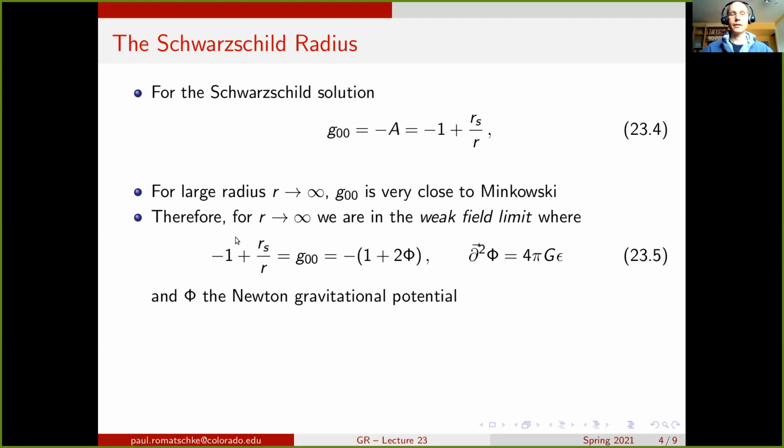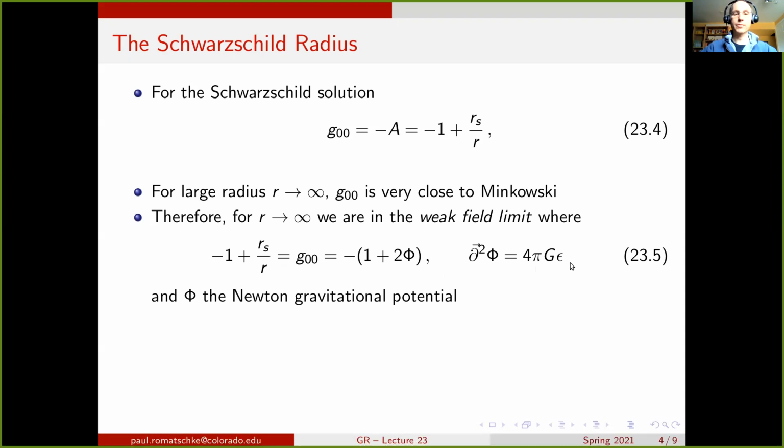In particular, if we look at the metric component g00, which I write as minus 1 plus rs over r, we know that in the weak field limit, this is equal to minus 1 plus twice the Newton gravitational potential, which itself fulfills the equation of Laplace: the Laplacian of phi is 4 pi G times the energy density epsilon.